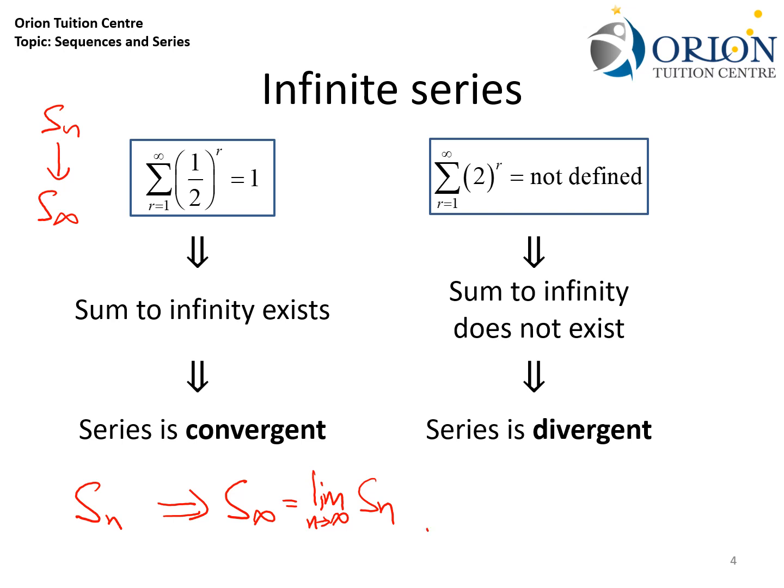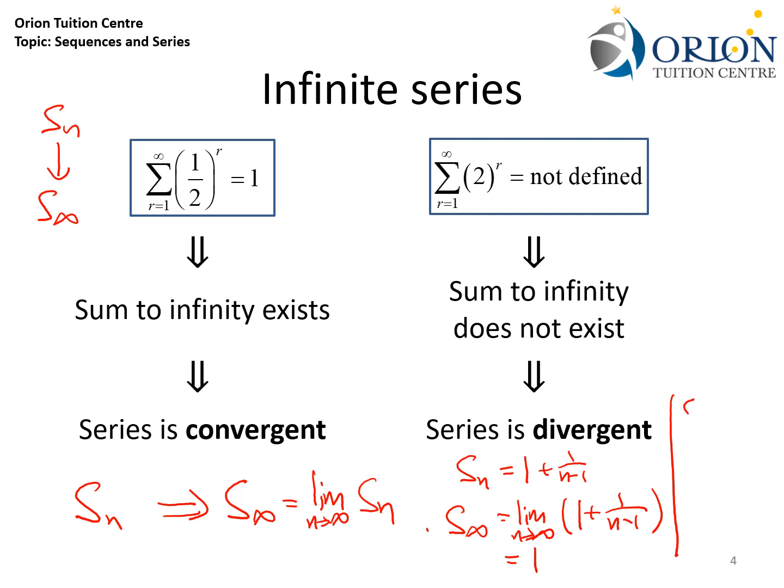So for example, if now we have Sn equals 1 plus 1 over (n minus 1), its sum to infinity will be taking the limit of n going towards infinity of 1 plus 1 over (n minus 1), which becomes 1, and therefore we know that this series is convergent. Likewise, if Sn is equal to n, then S infinity will tend towards infinity, and therefore this is a divergent series.